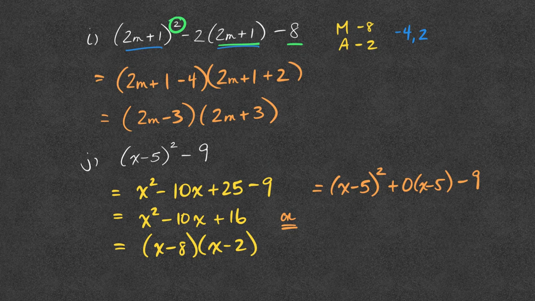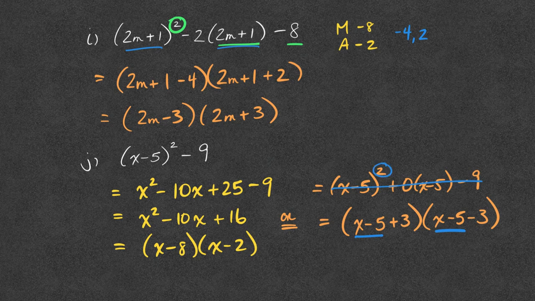Now, I never need to see that line, ever. But maybe that gives you a way to be able to factor, hey, what about a positive 3 and a negative 3? Well, if you take a peek, if I was to re-expand that, x minus 5 times x minus 5 gets me back to x minus 5 squared.